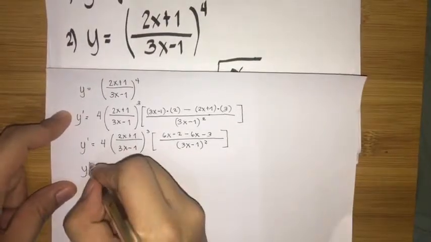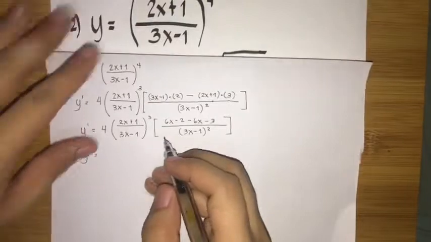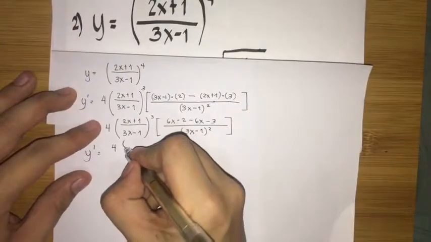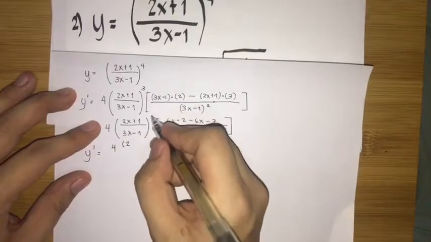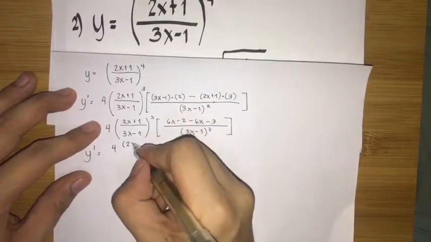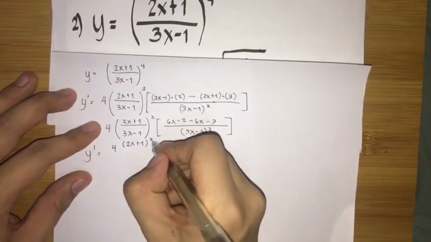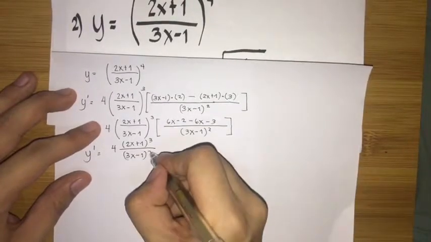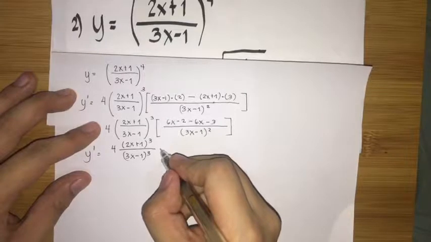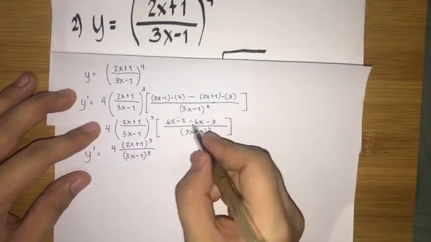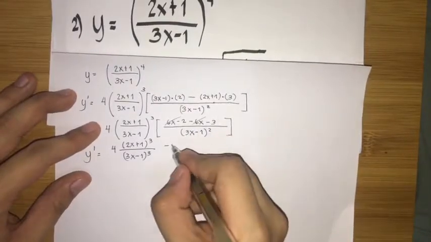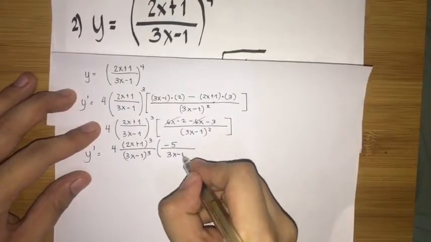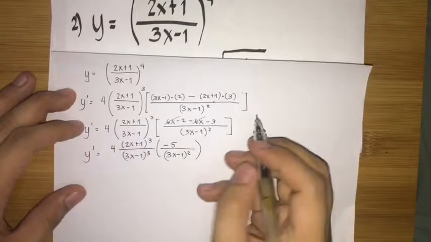So we have y prime will be, so I want to distribute now the exponent 3 to numerator and denominator. So we have 2x plus 1 cube over 3x minus 1 cube, and then we have cancel negative 6, and we have negative 5 over 3x minus 1 quantity squared.